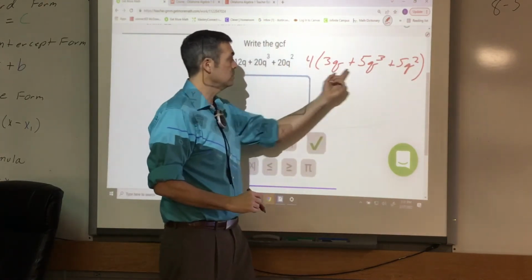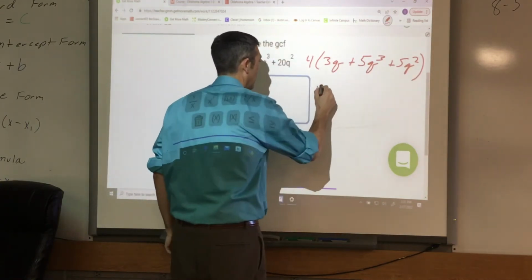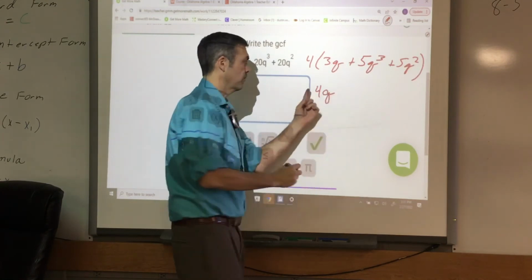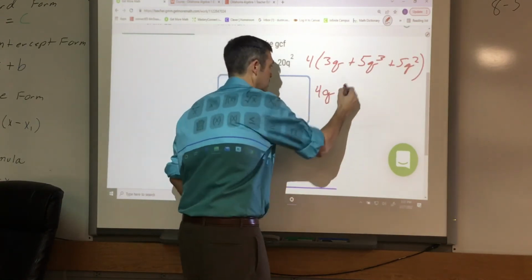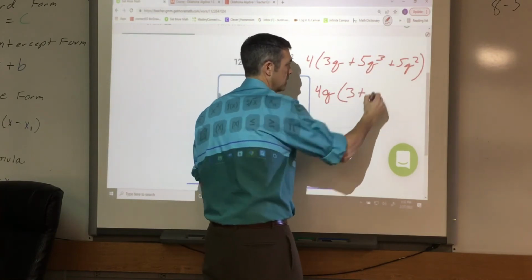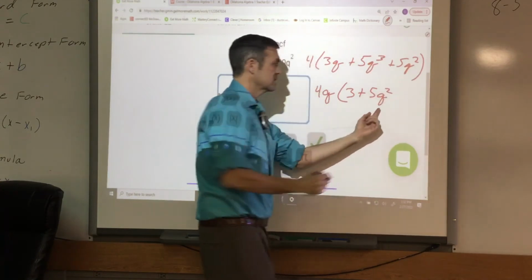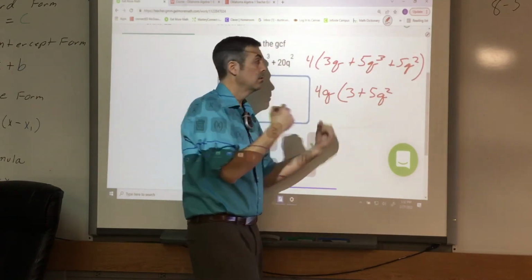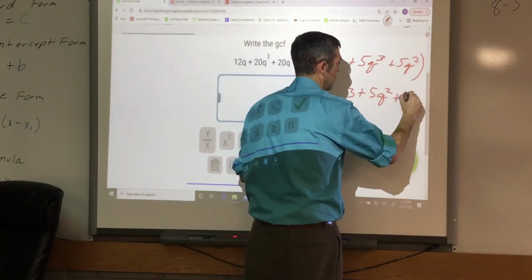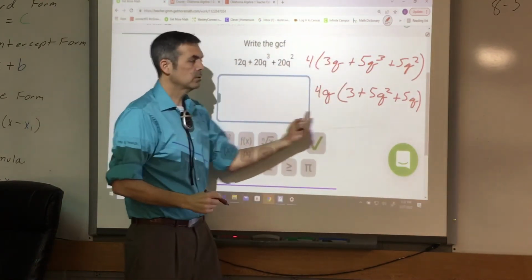So since the q is in each one of these terms, we can pull a q out also. All right, so 4q, because that's 4 times q, times 3 plus 5q to the second, because I just took one q out, plus 5q. And this is what this would look like.